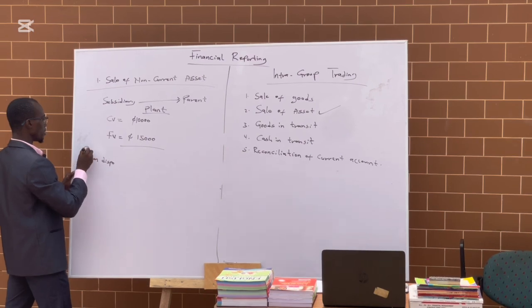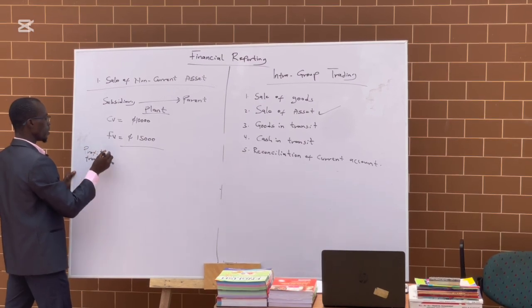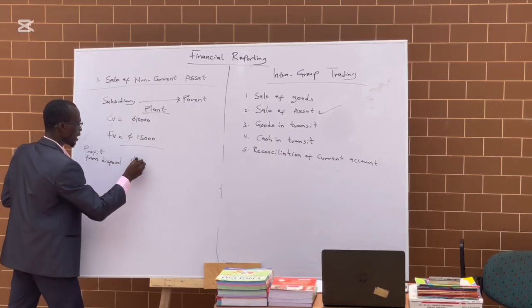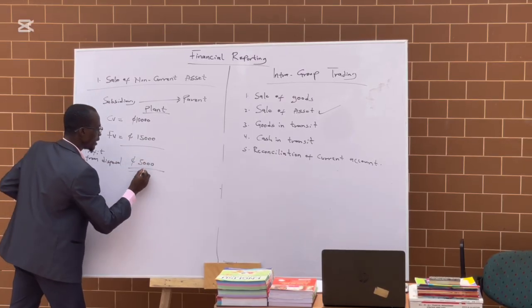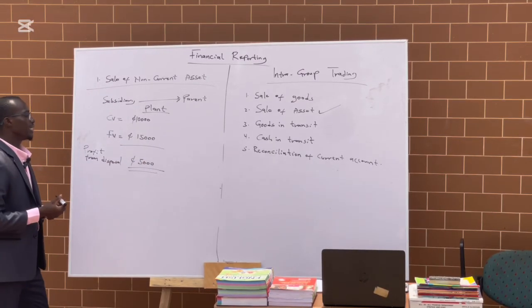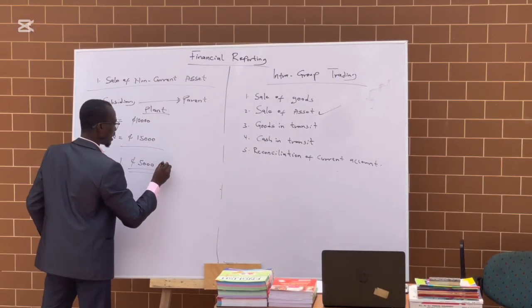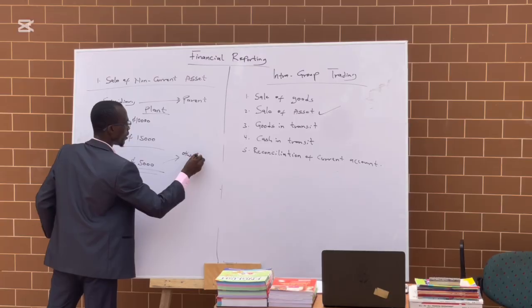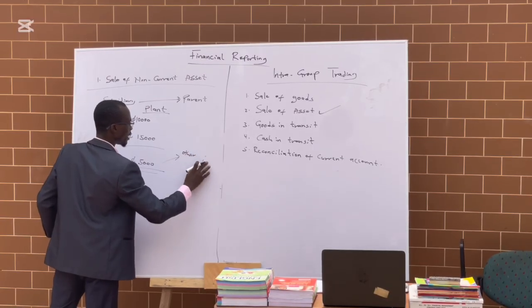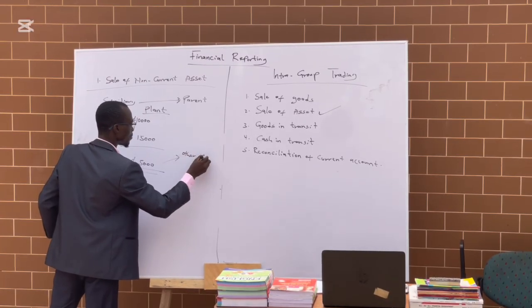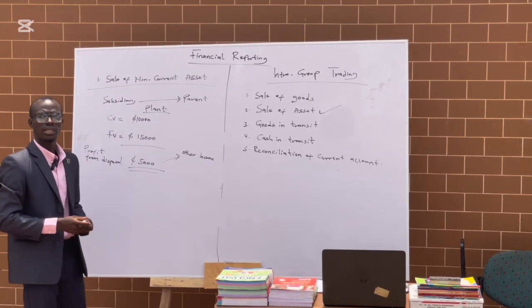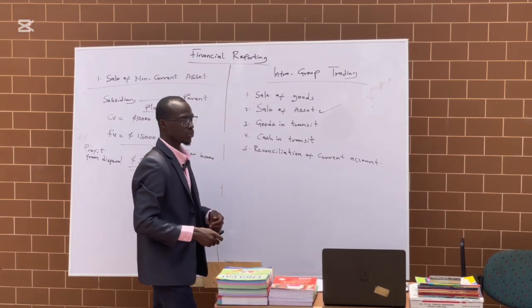The profit from disposal is 5,000 Ghana cedis. This amount will be added to other income.